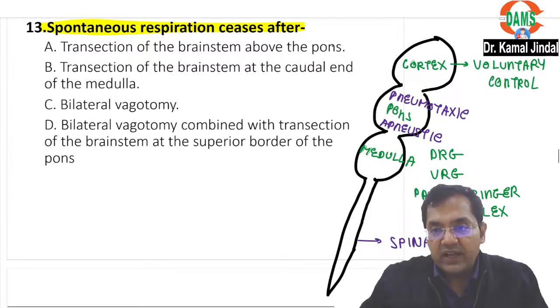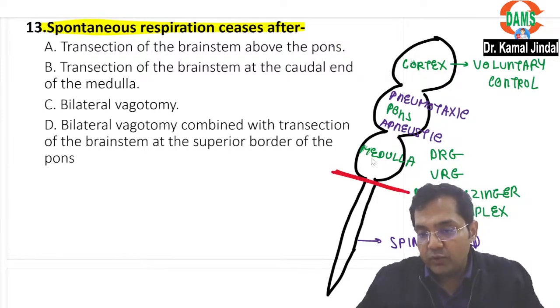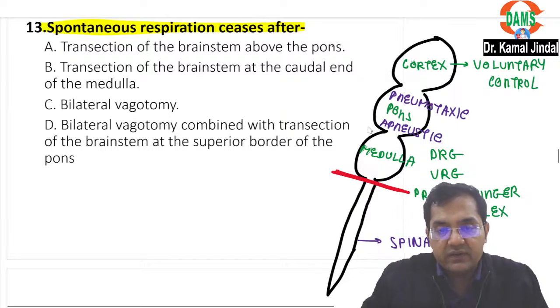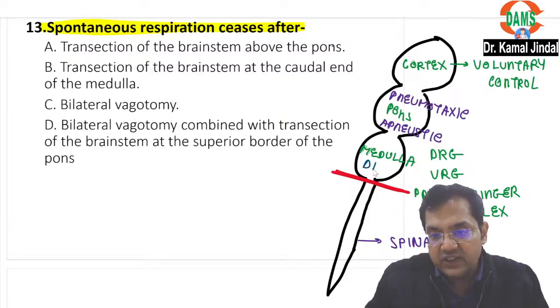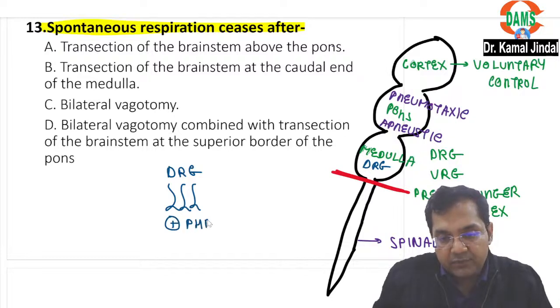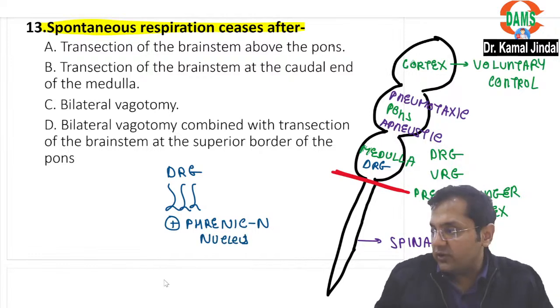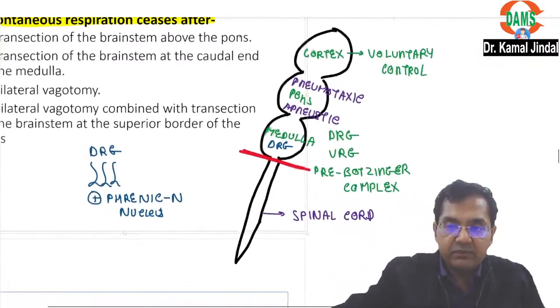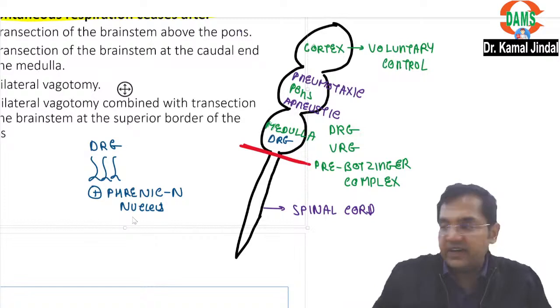because if you do the lesion at the caudal end of medulla, then the DRG which is present here, the dorsal respiratory group, will not be able to act. These neurons stimulate your phrenic nerve nucleus, and it causes the descent of the diaphragm.